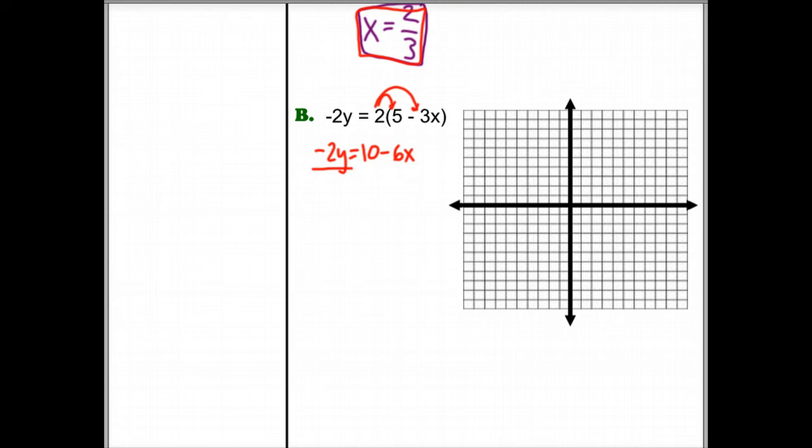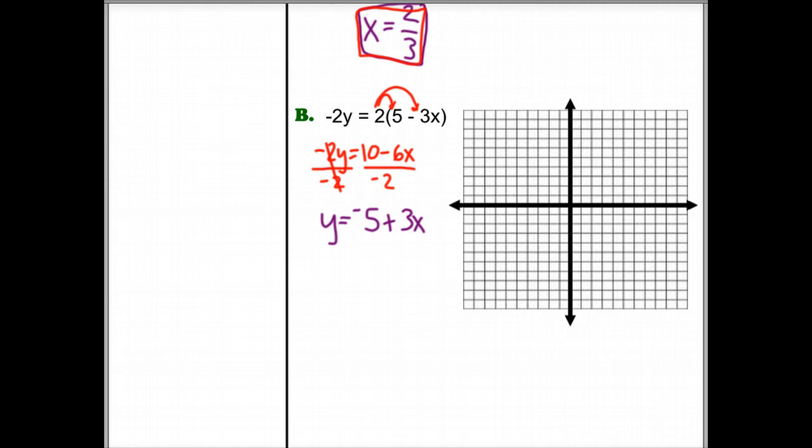And then to get rid of it, we divide by negative 2. And we have that y is equal to 10 divided by negative 2, which is negative 5. And then negative 6x divided by negative 2 is a positive 3x. So that was our first step.